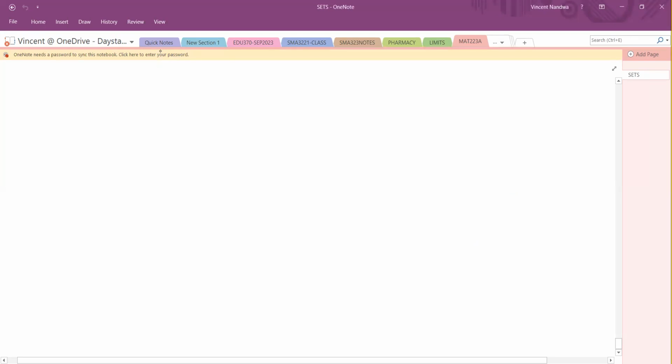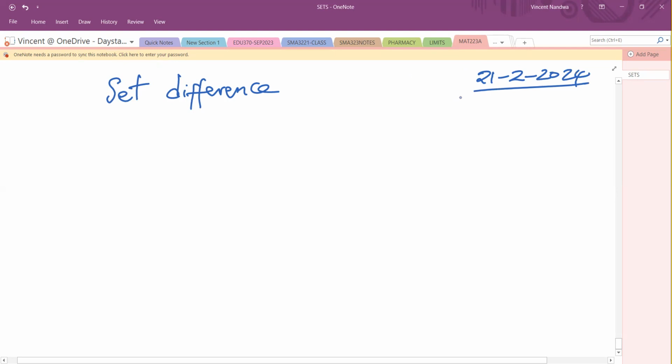So the next operation is what we call set difference. Let A and B be two sets.